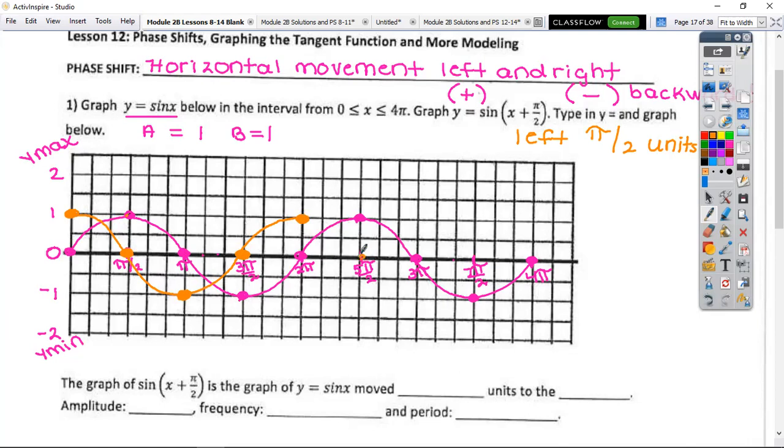So this is going to be 0, -1, 0, and 1. So just like that, and back up. And I'm going to color coordinate again, my orange graph right here. So what you wanted to think is you were going to move each of those points 3 boxes.